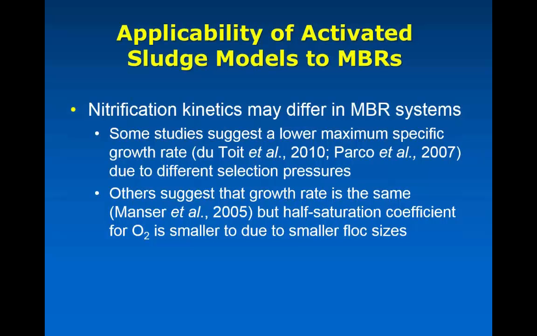So yes, there's some evidence, in an experimental context, that supports the concept that you can still use the model but make some kinetic adjustments. However, to be honest, it's nothing out of the ordinary with what you would normally do in a conventional activated sludge system.